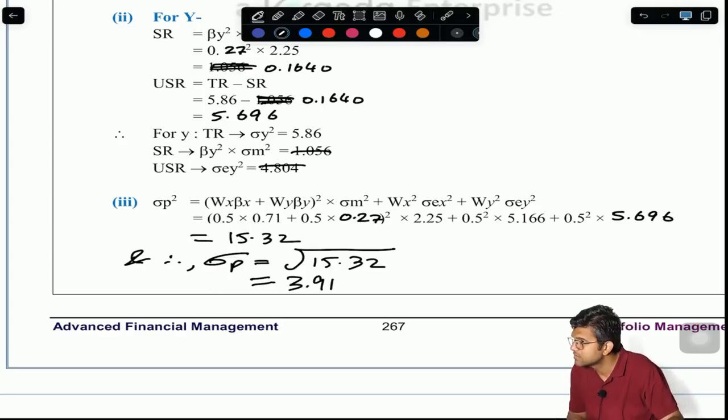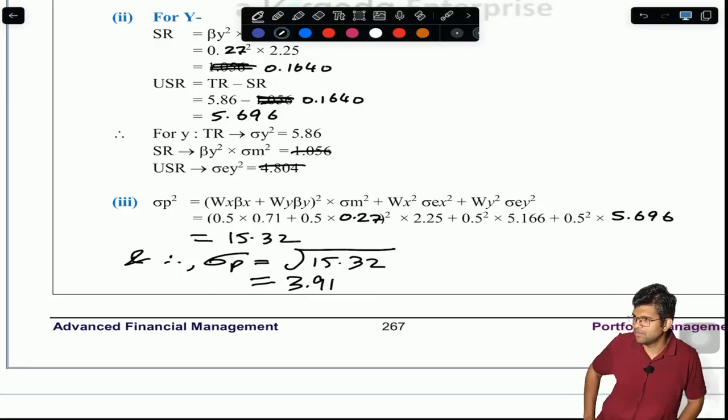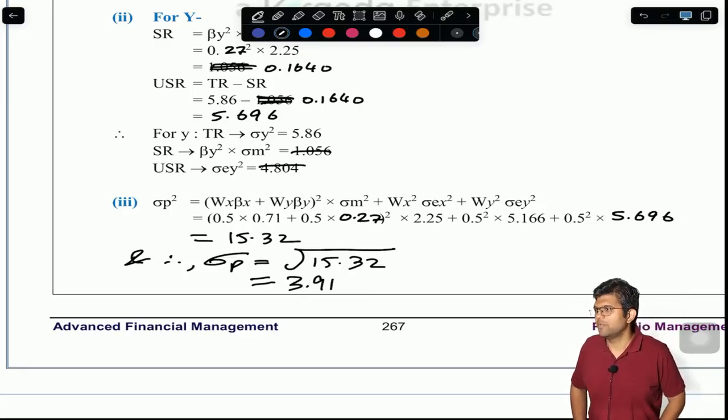Is this the answer? Krishna, did you get this answer? No, you got something else. Raghunandan, God knows what answer I am getting.